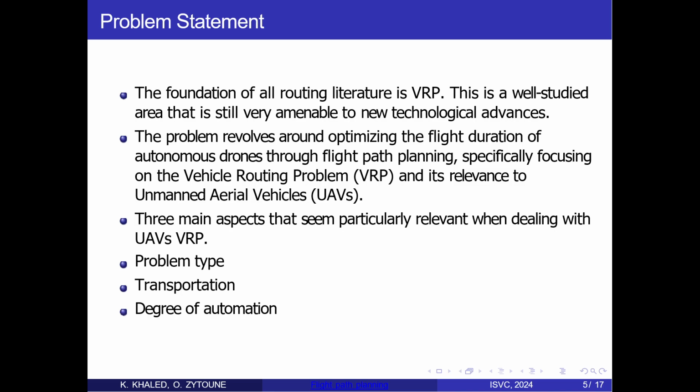And last but not least, degree of automation. The degree of automation of a transportation system is one dimension, as automated systems are discussed in dynamic vehicle routes.